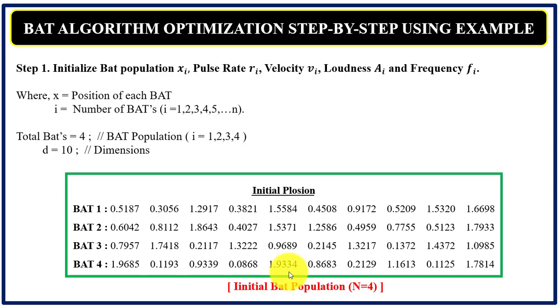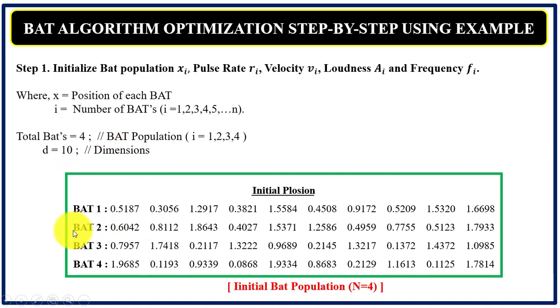So first step you can see here, initialize the bat population and pulse rate, velocity, loudness and the frequency. Here X denotes the position of the bat and I is the number of bats. So for example, I'm taking here 4 microbats. So we have bat population, that is X, I is 1 to 4 and I'm using here dimension 10.